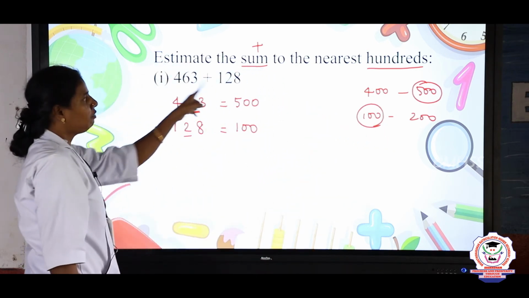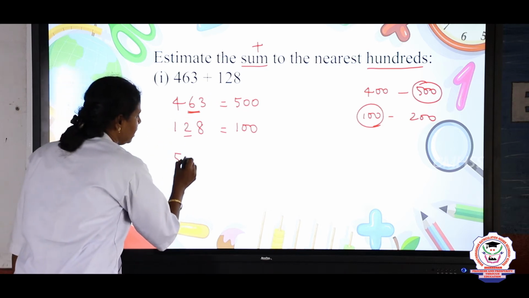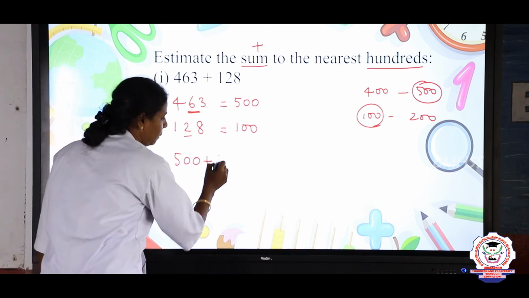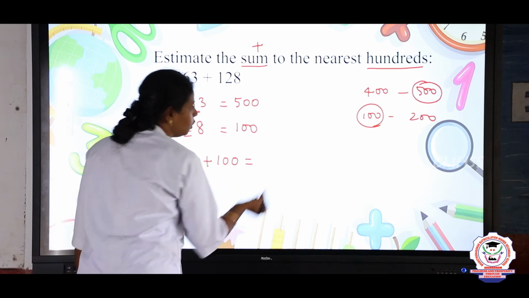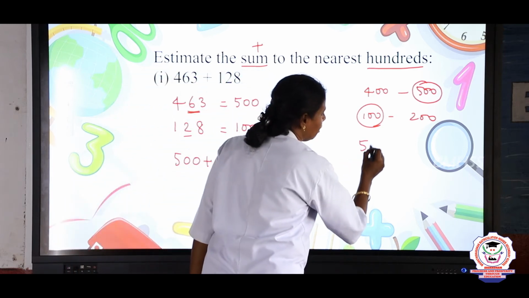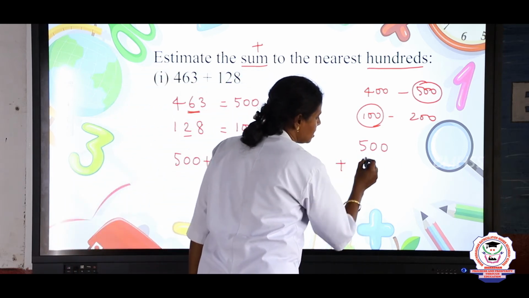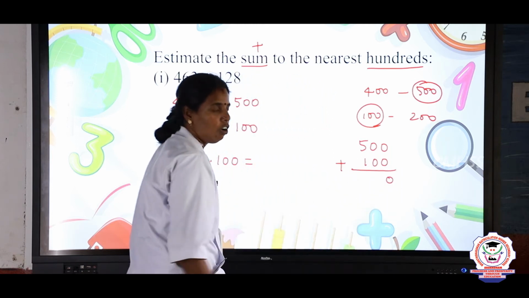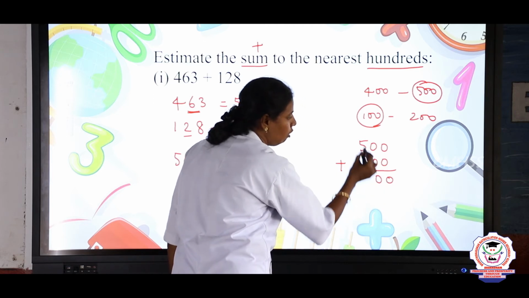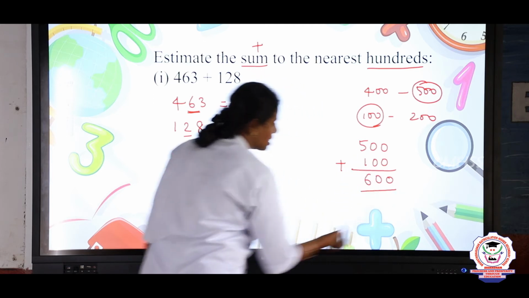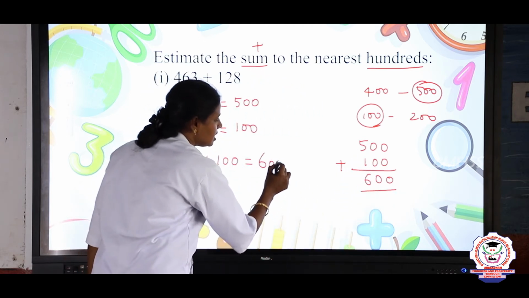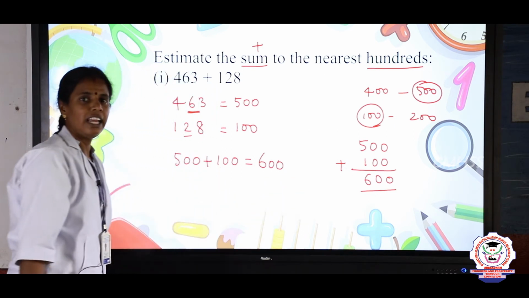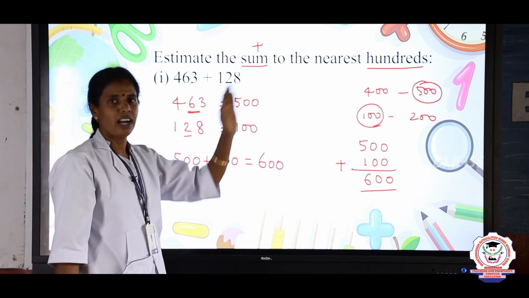Now we are going to find the sum of these numbers, that is 500 plus 100. 0 plus 0 is 0. 5 plus 1 is 6. Therefore, the answer is 600. Is it clear how to estimate to the nearest 100?